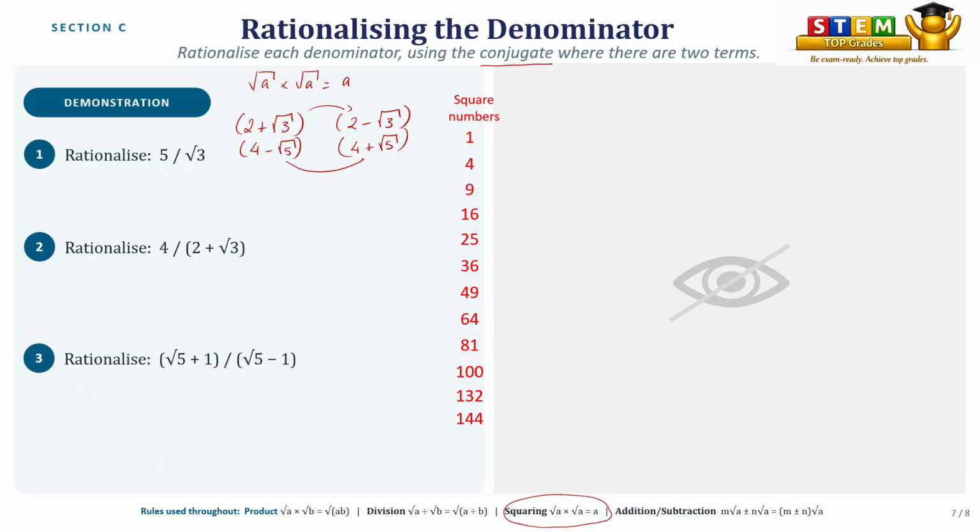The reason for conjugate is we can apply this rule. So a plus b multiplied by a minus b gives you a squared minus b squared. And you may recall that this is called the difference of two squares.